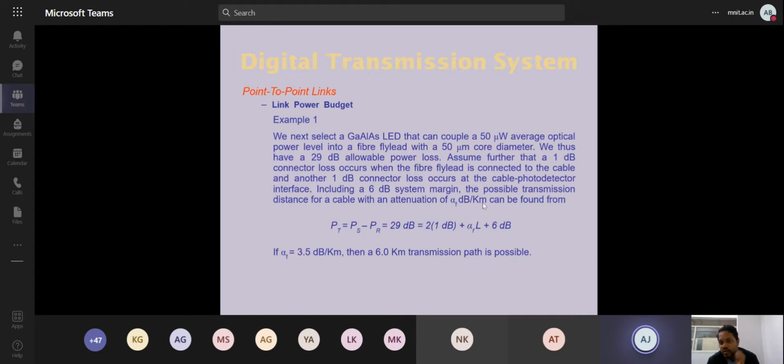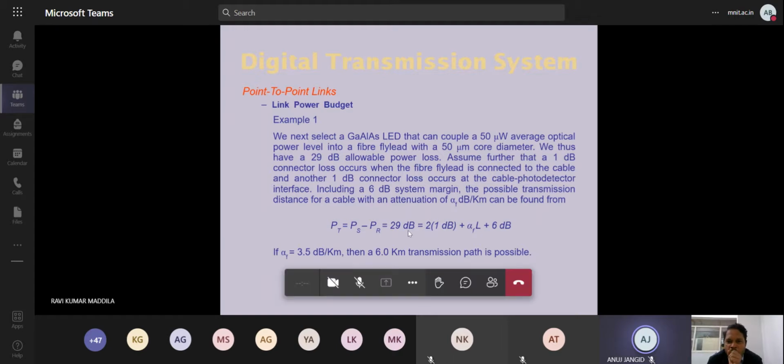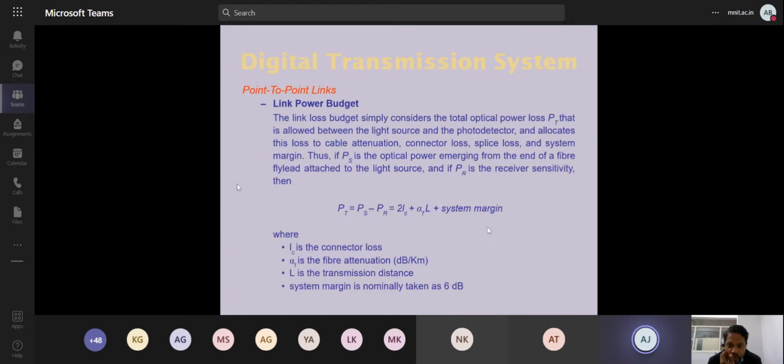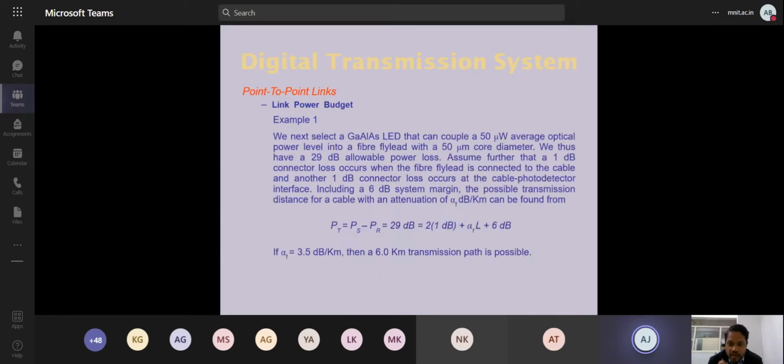How do you find the possible transmission distance? When the allowable power loss, PS minus PR, is 29 dB, this should include the margin. What margin? System margin.